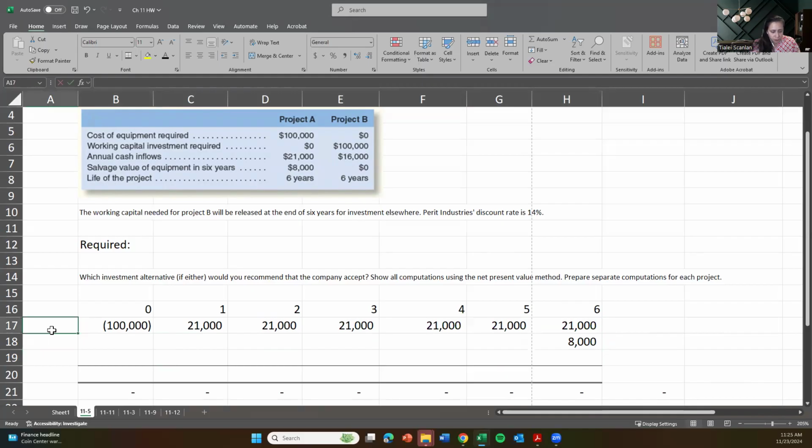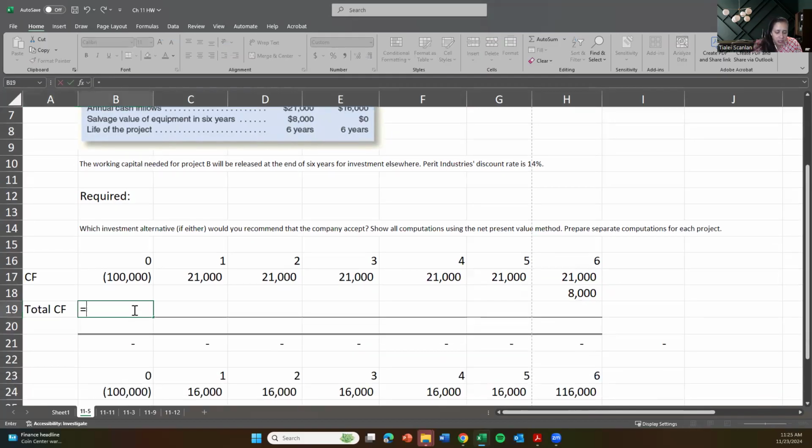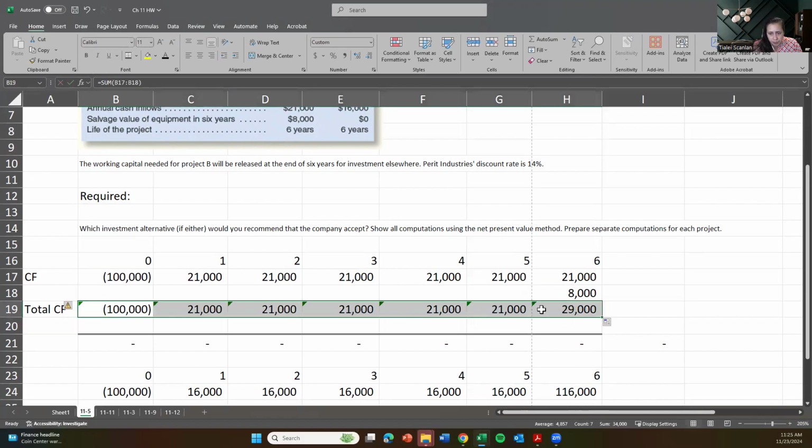I'm going to do, so these are the cash flows, and then this would be like the total cash flows. All of these together, we can have multiple cash flows in 1 year. So we have the 100,000 cash flows. So these are our cash flows, and then we need the discount rate.